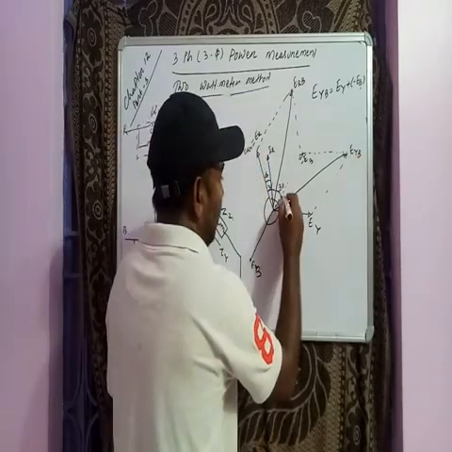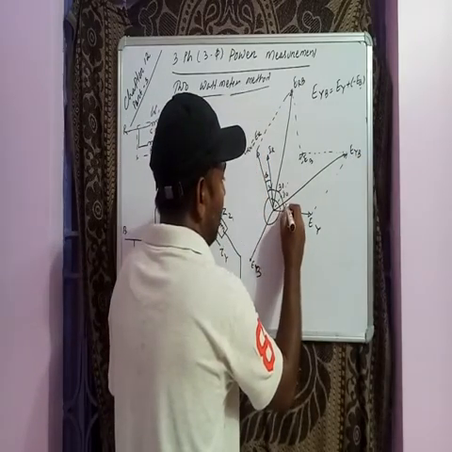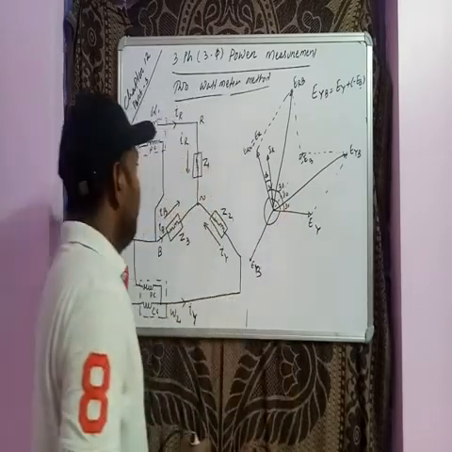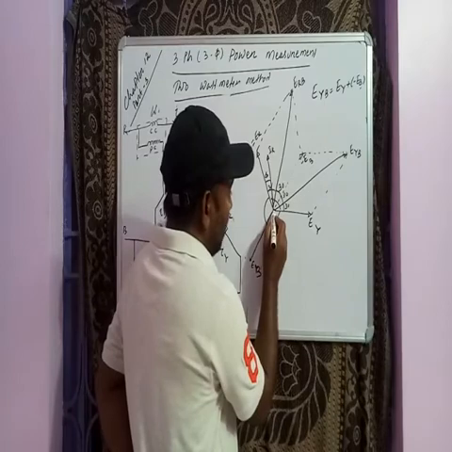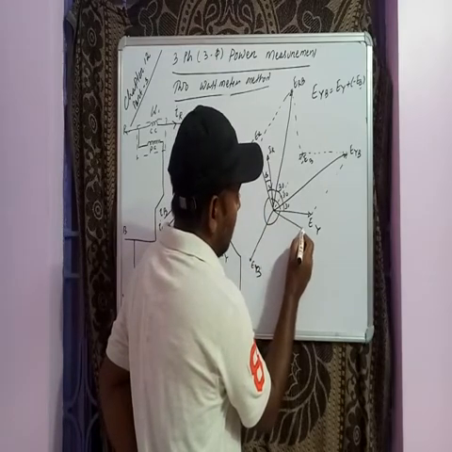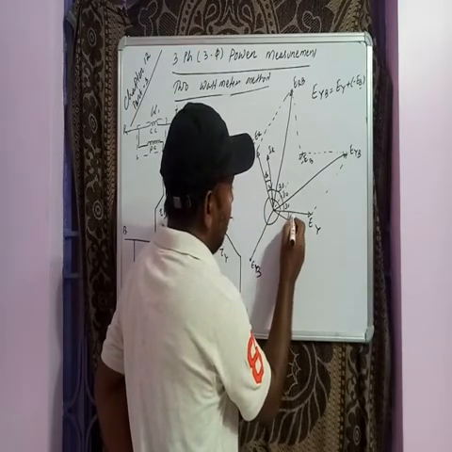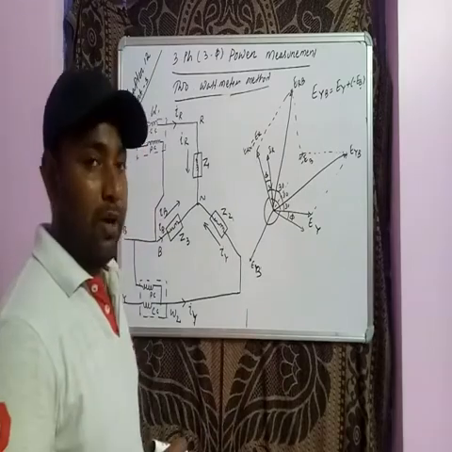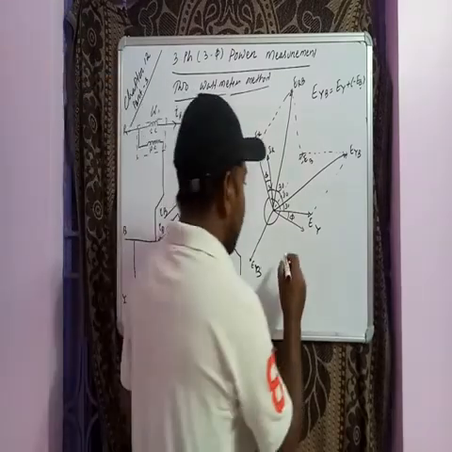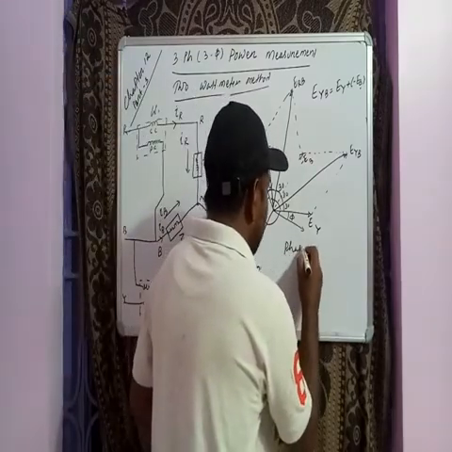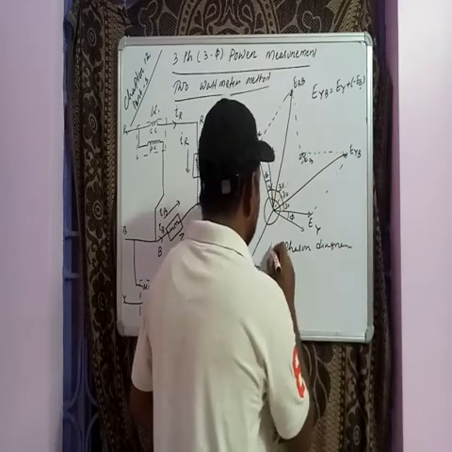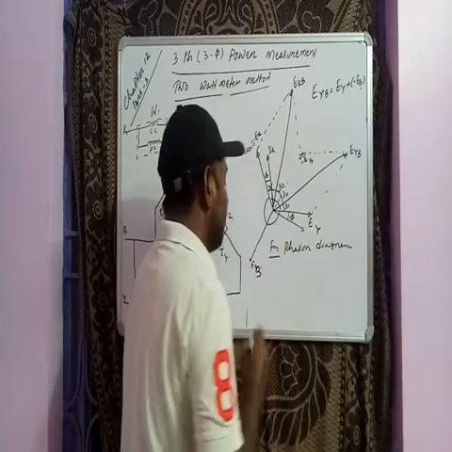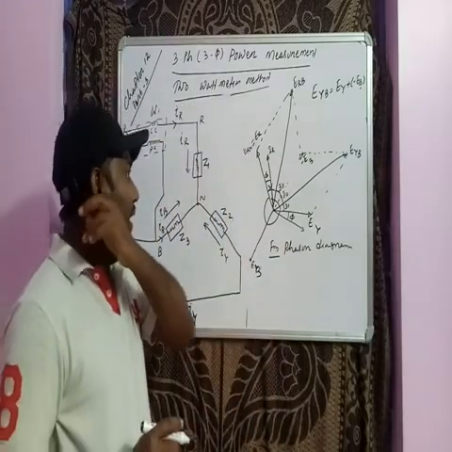And now this is 30 degree. This is also 30 degree. But IY, this current will lag by an angle phi. Clear about this? So clear the phasor diagram. So this is the phasor diagram for this particular case.